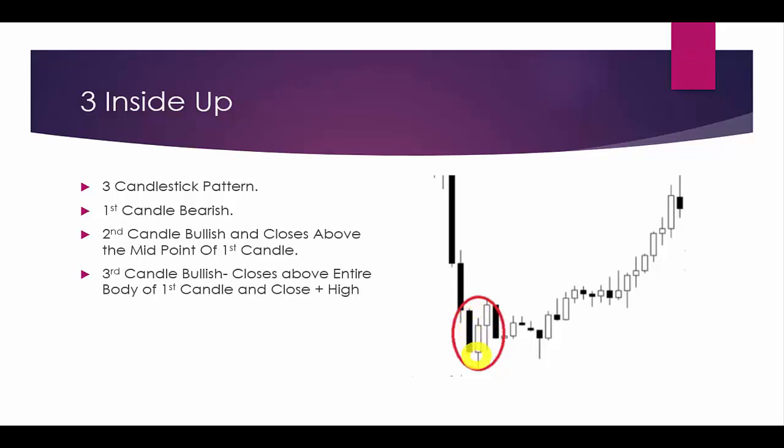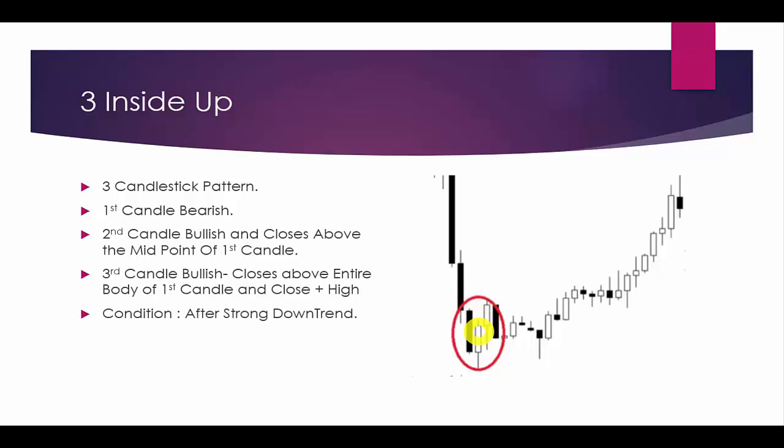First candle is bearish, second candle is bullish, it should close above the midpoint of the first bearish candle. The third candle is bullish, it should completely cover the entire body of the first bearish candle and it should close above the high point, okay.